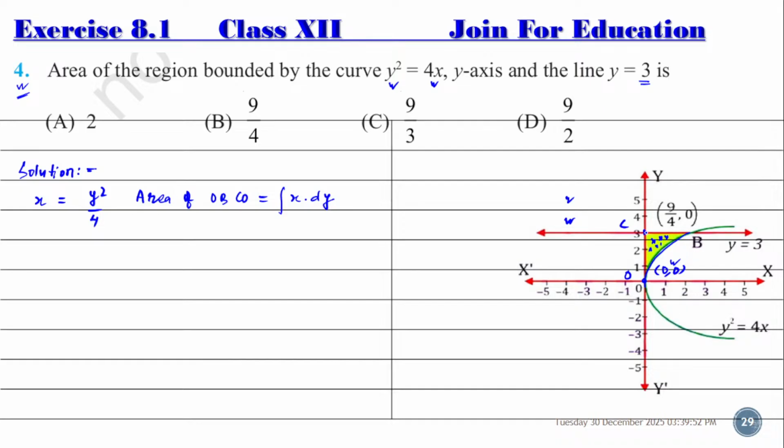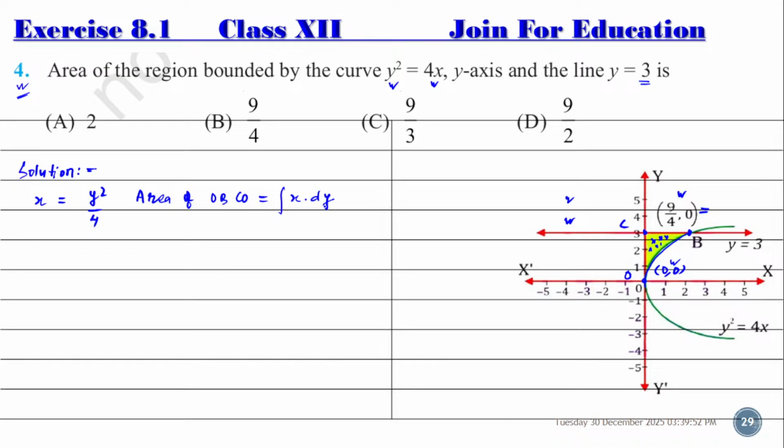When y equals 3, then we get x equals 9 by 4. So the coordinate of this point is 9 by 4 and 0. There is no problem to understand.